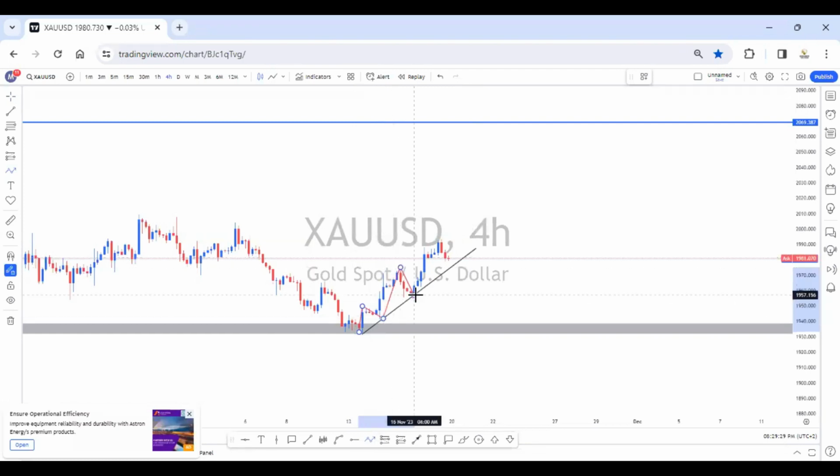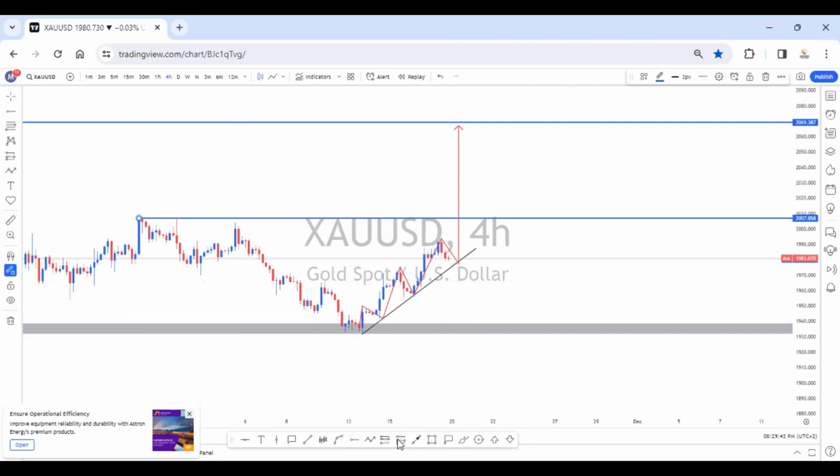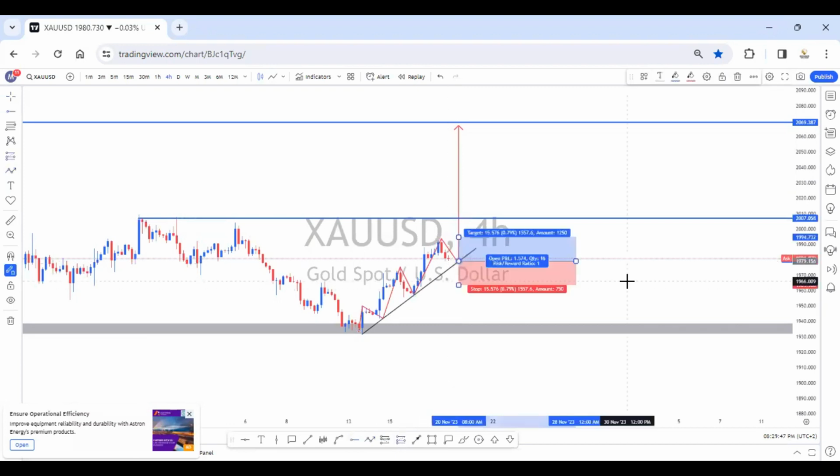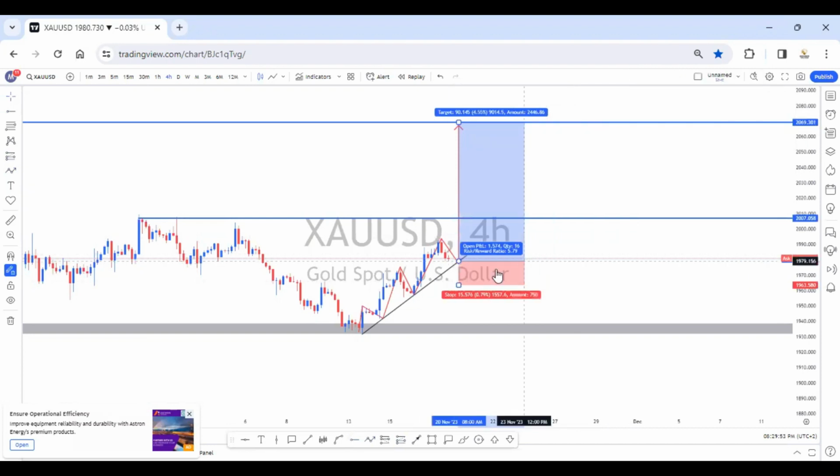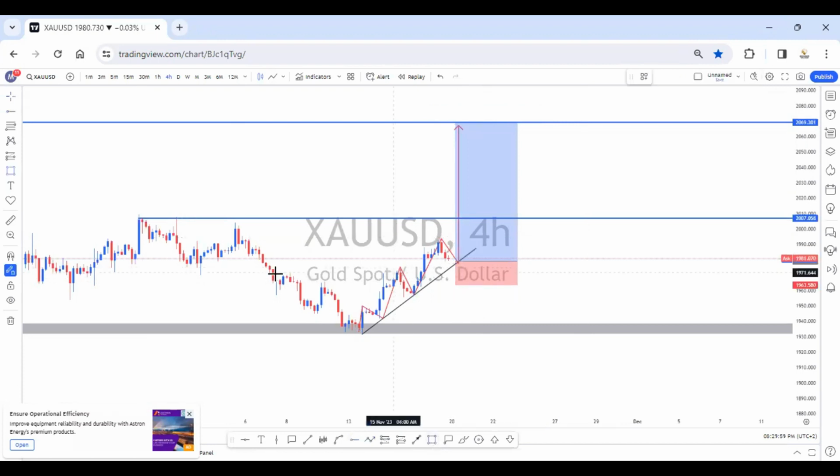First point, impulsive, and I'm expecting the market to give us another correctively so that we can expect another impulsive leg. This high is our target. I'll be looking from the previous level.